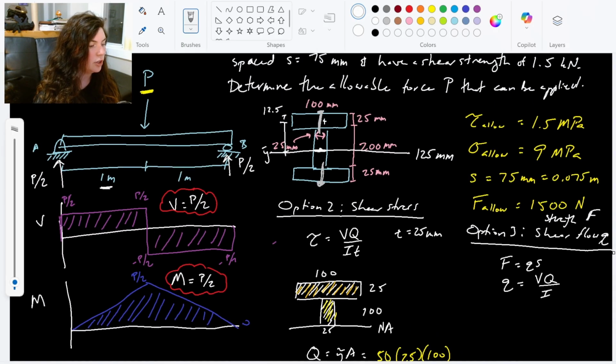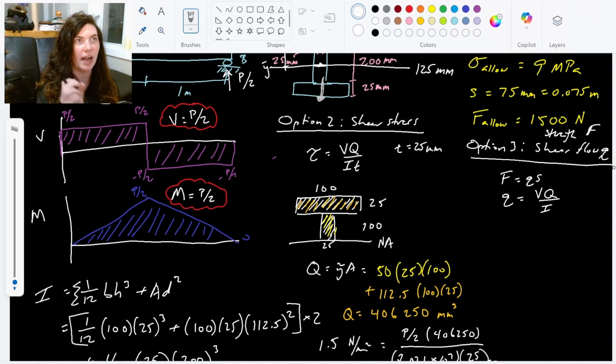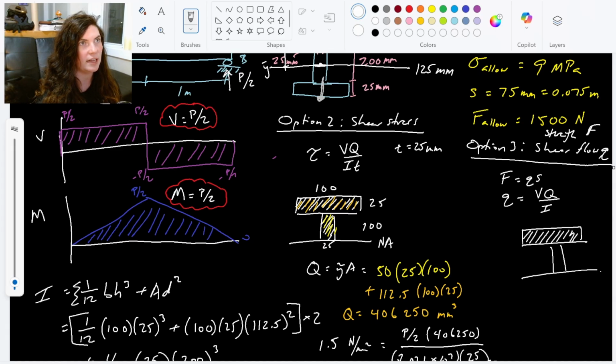In our shear flow case, we're going to find our shear flow value and our Q. Now remember, this Q is not the same as the Q that we just calculated. This Q is the Q at the fastener, at the point where they're joined together. So for the shear flow, the Q uses this area here and does not include any of that center. Here's the neutral axis.